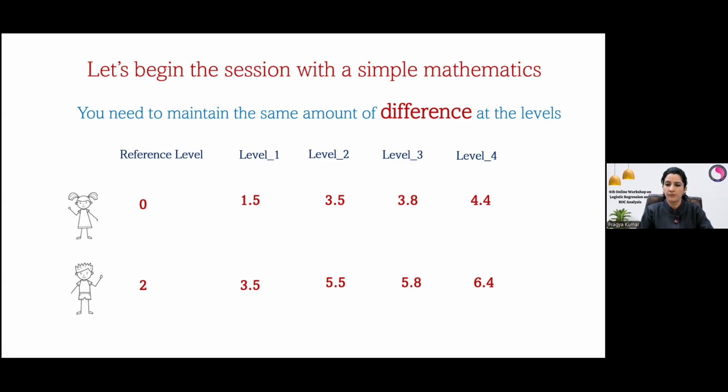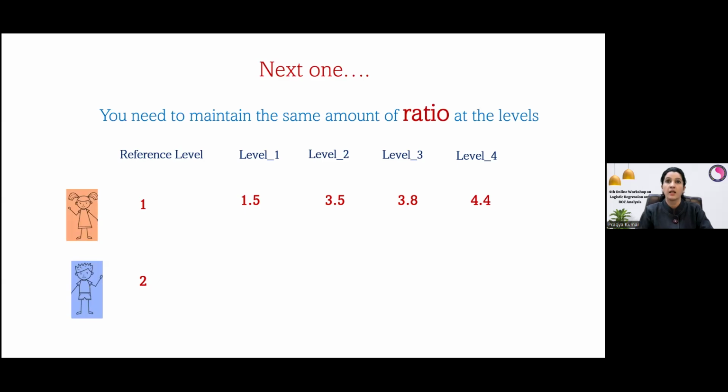But this is if you want to maintain the same difference. Now, if I want to maintain the same ratio at all levels, how will I do it? So this is my reference. This is level 1, this is level 2, this is level 3, and this is level 4. The ratio at the reference level is 1:2. So what will I write at level 1 if I want to maintain the same ratio? 3.